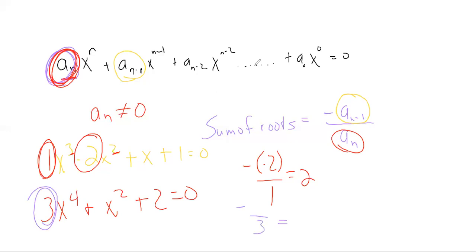Negative 4. Now, what's the coefficient of the x to the third term? Remember, you have plus 0x to the third here. There's the coefficient right there. So this is just 0. And that's how you find the sum of the roots.